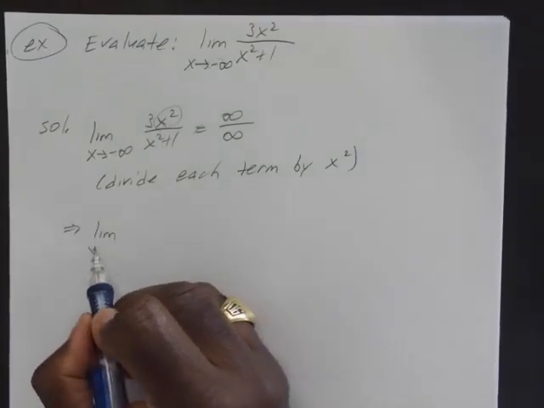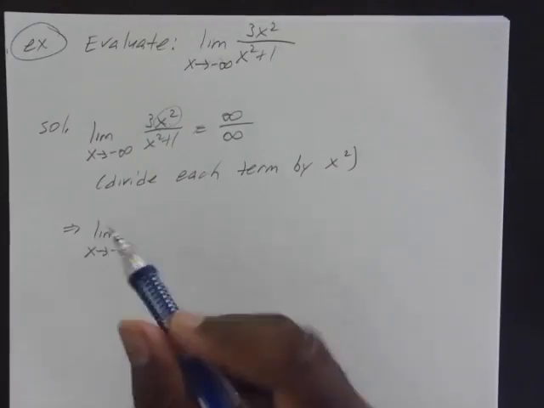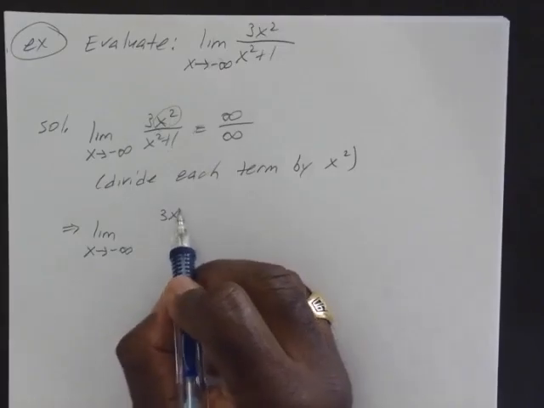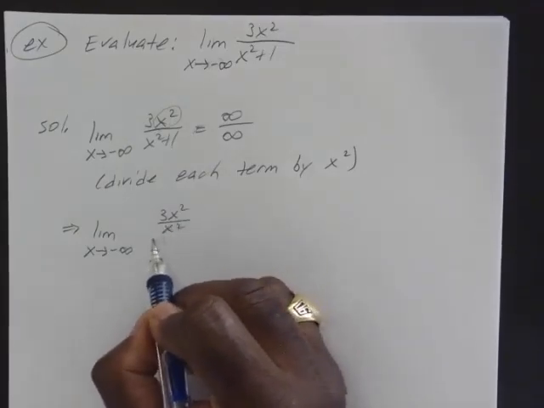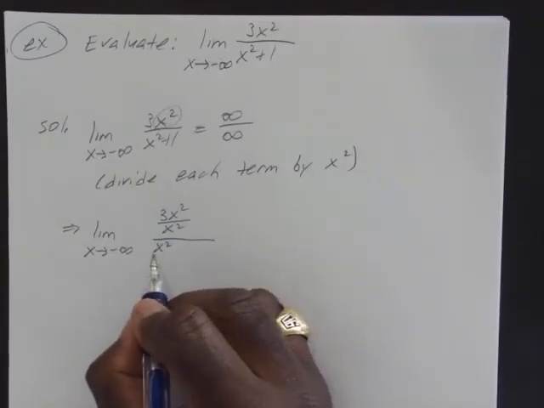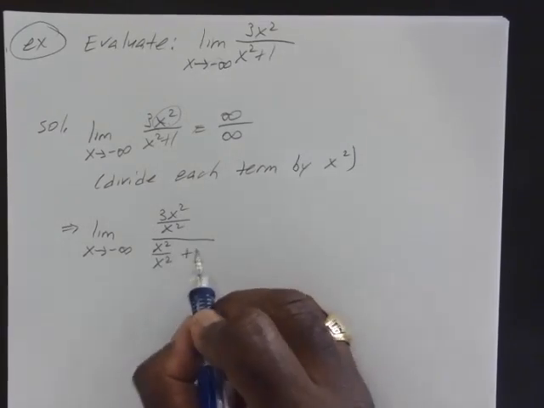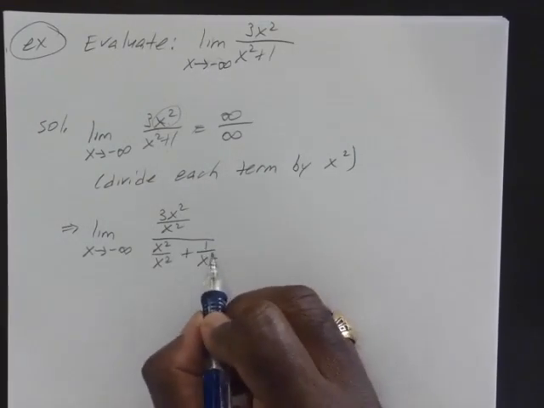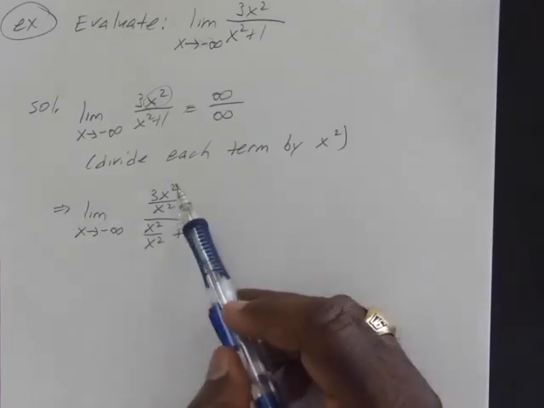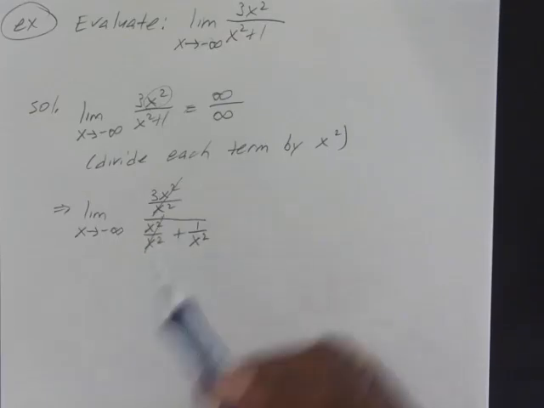Okay, so we have the limit as x approaches negative infinity of 3x squared divided by x squared, divided by x squared divided by x squared, plus 1 divided by x squared. Okay. So again, the x squared cancel each other out.